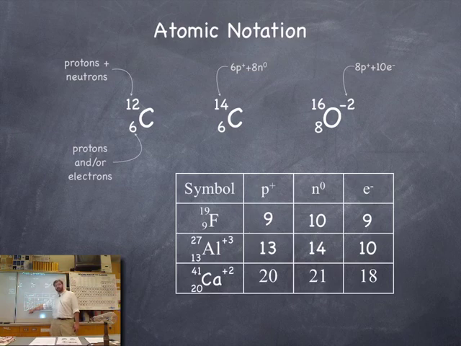We put the 20 and we put a plus 2. This indicates that we have 41 protons plus neutrons, 20 protons, and we're short 2 electrons. All right? Questions about any of this?